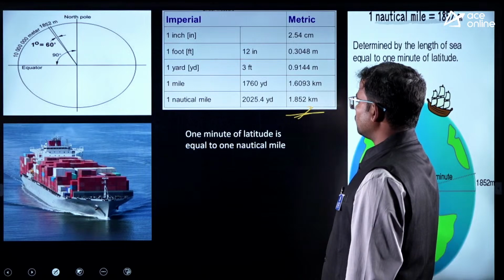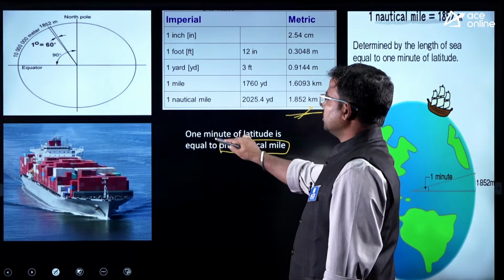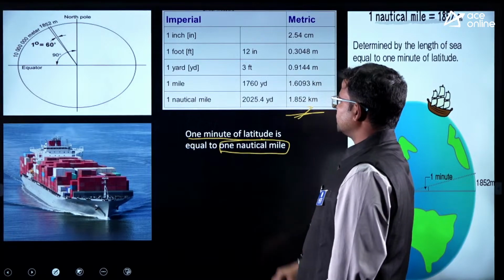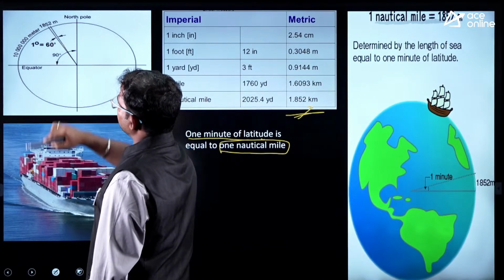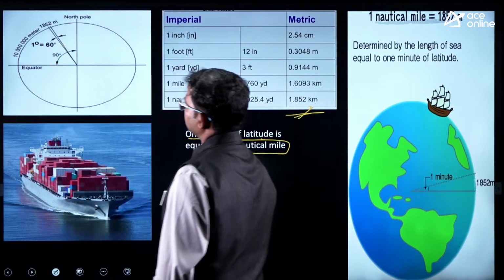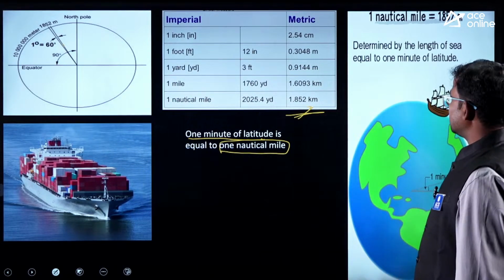So 1 minute of latitude is equal to 1 nautical mile. You should also remember that 1 minute of latitude is generally considered 1 nautical mile.